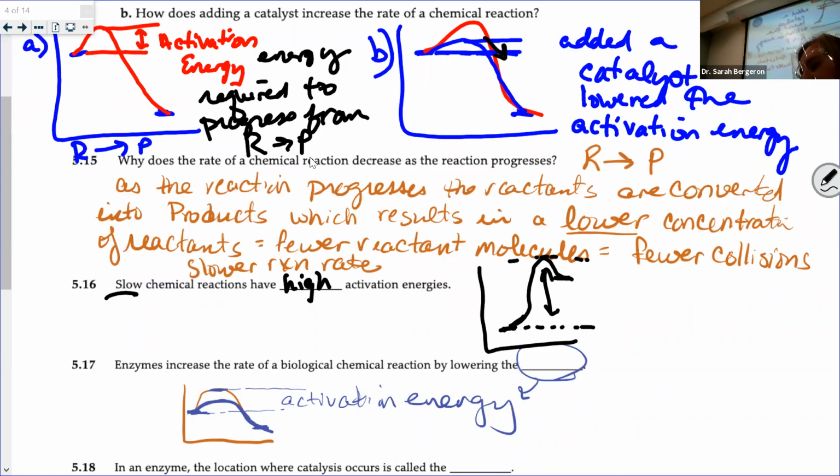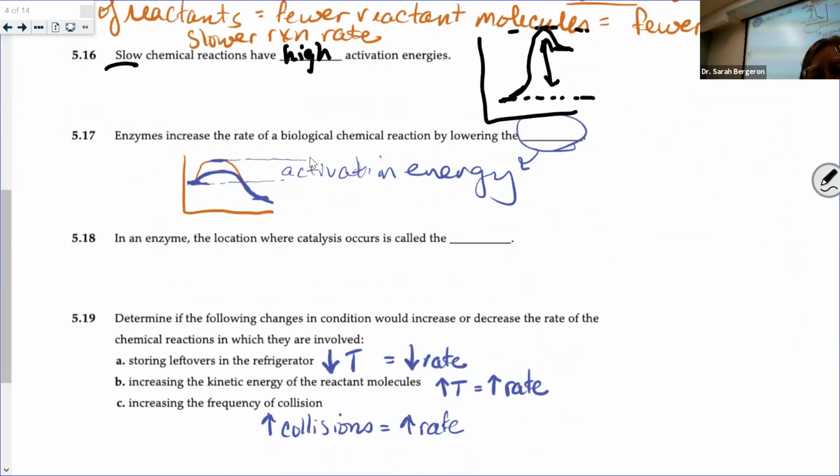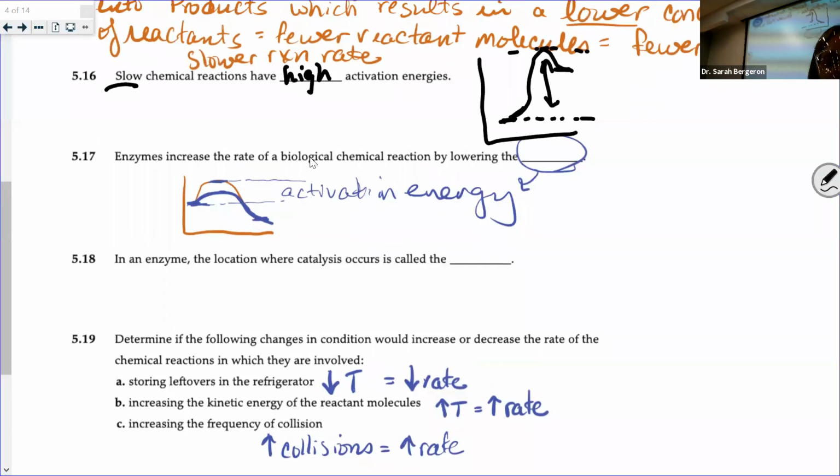I promise you, climbing up the hill is going to take more time than going down the hill. Okay, so you're lucky enough to have an enzyme that is going to lower your activation energy, right? That's what an enzyme or a catalyst does. So how does a catalyst do that? It reaches out and grabs those molecules that are participating in the chemical reaction and orients them so that they can properly interact.